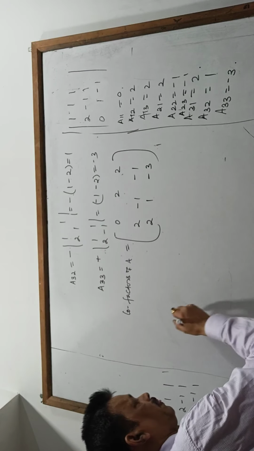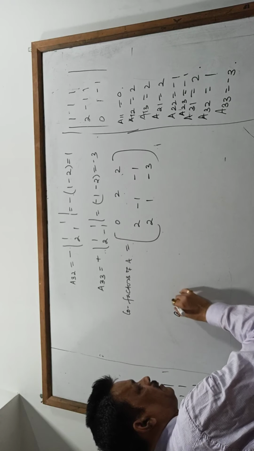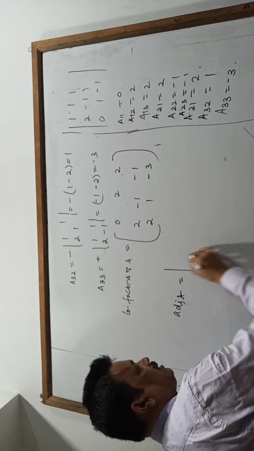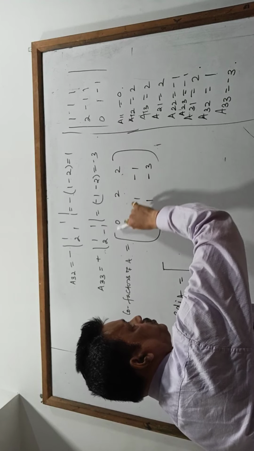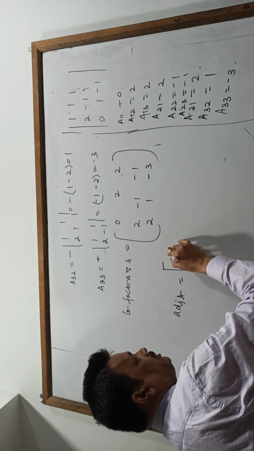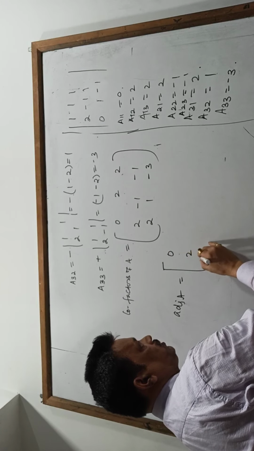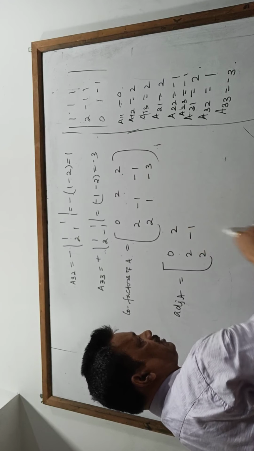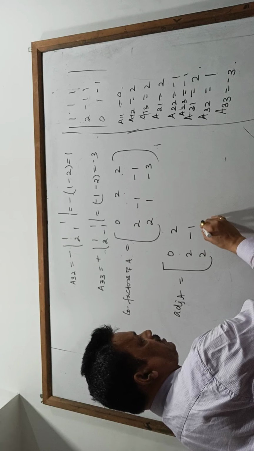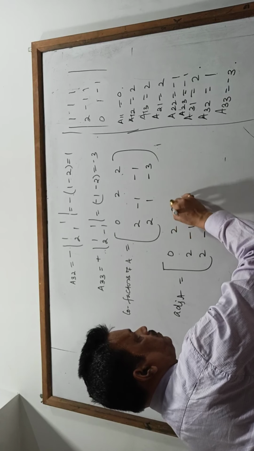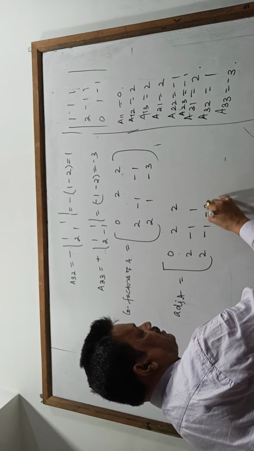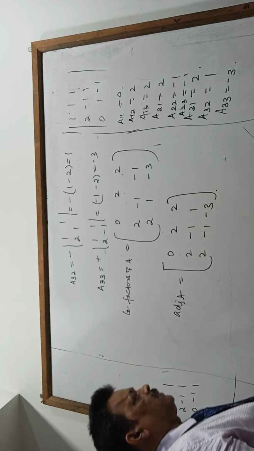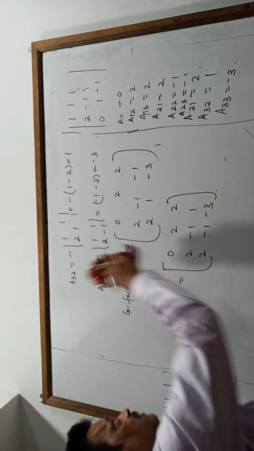Then what is the adjoint of A? Now, transpose of the cofactors. Row becomes column. 0, 2, 2, then 2, minus 1, 1. This line becomes here: 2, minus 1, minus 1. Again 2, 1, minus 3. Then what is A inverse?